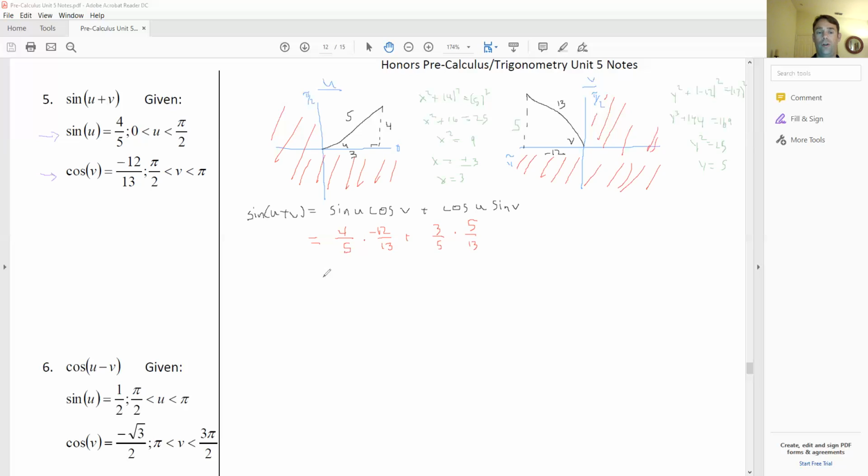So these two triangles, they weren't on the unit circle, so we had to actually draw them out. 65 and 15 over 65, which gives us negative 33 over 65.